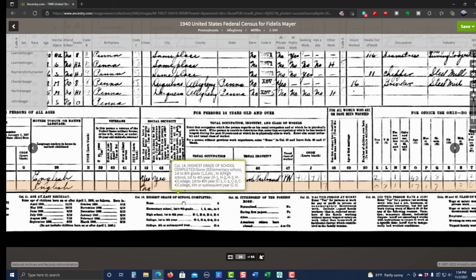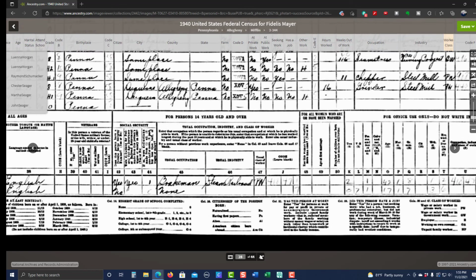And in column 44, it asked, if so, were deductions made from all, half or more, part but less than 1/2 of wages or salary? And William, they just have the number 1. I just have to assume at that point means that they were deducted from his full salary. Then it asks again what his usual occupation is, and in this case, he's a brakeman on the steam railroad. And usual class of worker, which should be the same thing as above.